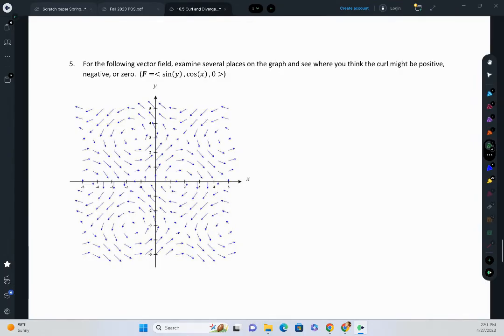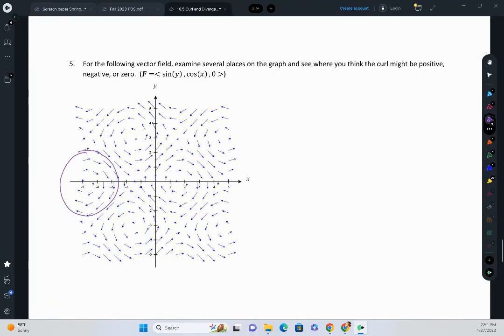Now, what we're going to do is move from left to right and look at the direction of the rotation that's happening at a particular point. So there are some regions I can look at in particular. I can look at a region right here, and the direction that the vectors are turning in is clockwise.